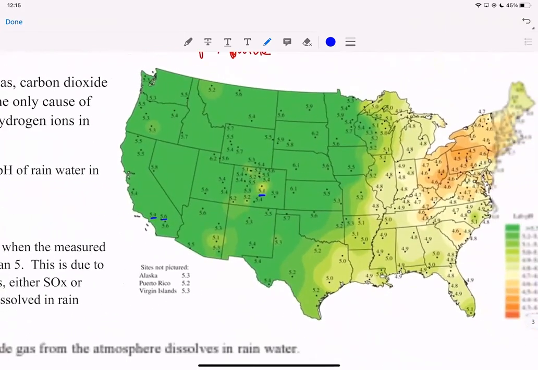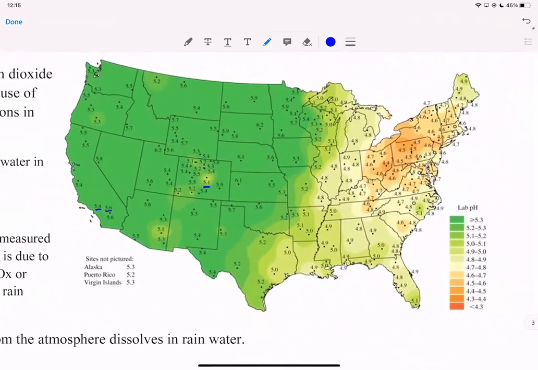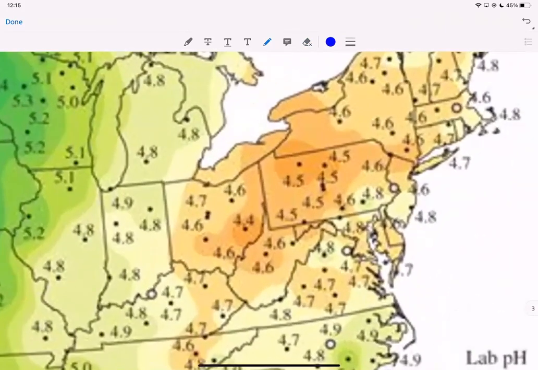But as you look at the East Coast over here, you get to the orange. So what is the orange? The orange values are pH 4.5. When you have a pH of less than 5, you're talking about acid rain.